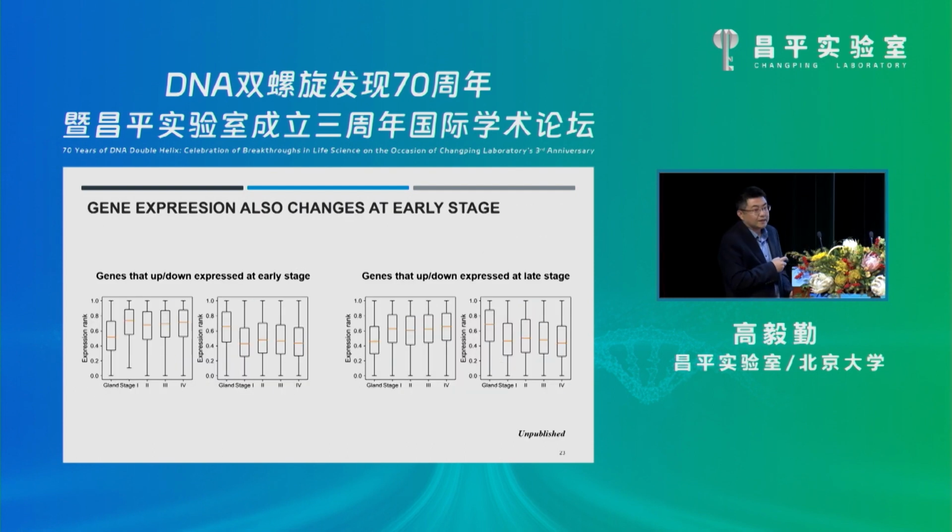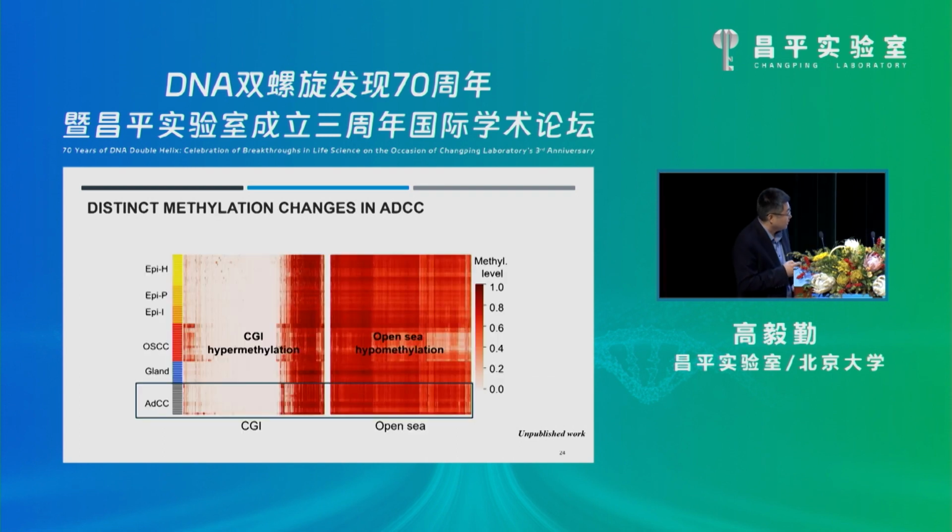In fact, if you look at the expression, it also changes already from the normal cell at the first stage. So those genes that are highly expressed in stage 4 are already highly expressed in stage 1, and those highly expressed in stage 1 remain highly expressed in stage 4. It is similar for demethylated ones.